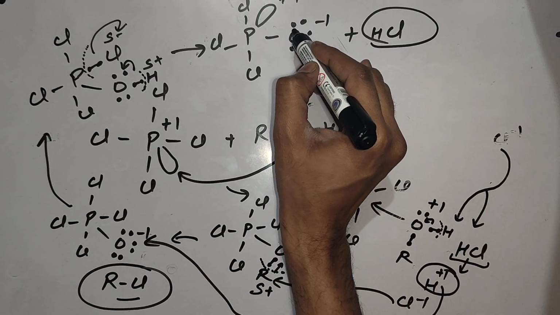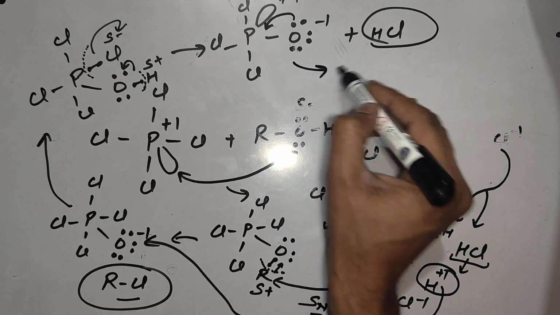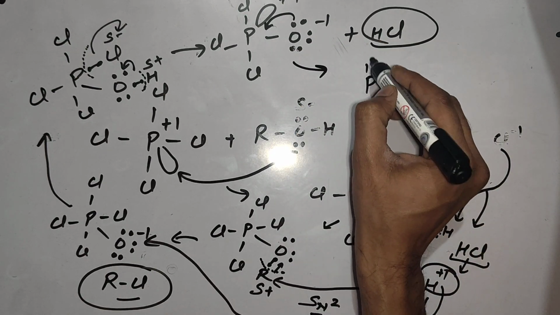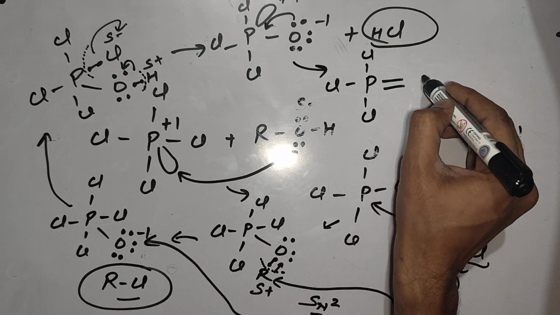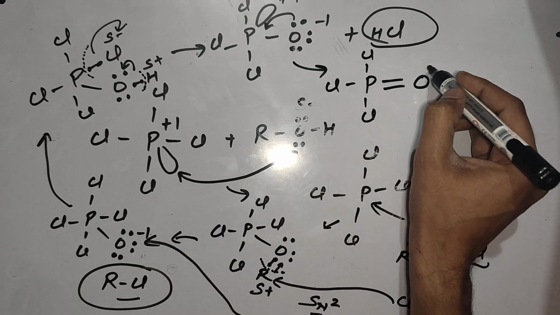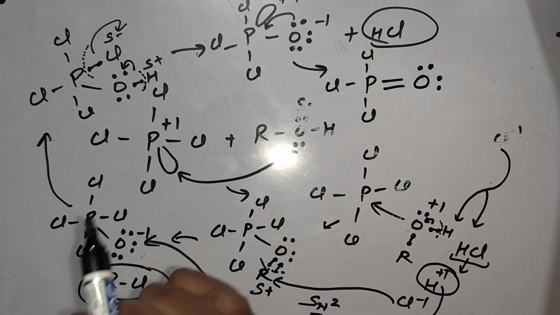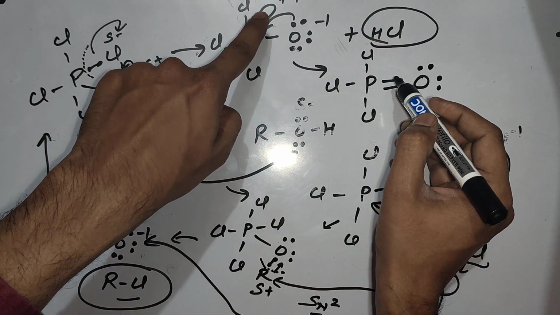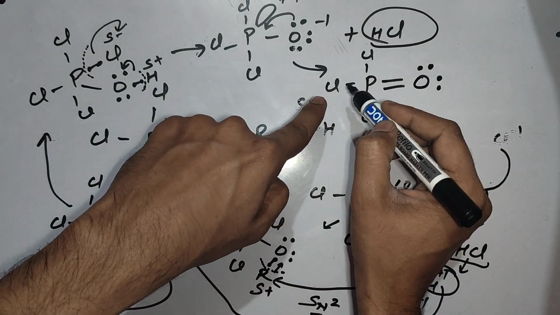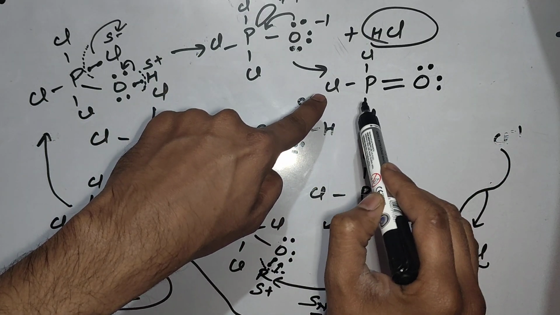Obviously, if oxygen provides its lone pair in this vacant orbital like this, and generates a second bond like this, they all will become stable. Oxygen will be left with 2 pairs without any charge. P will have 5 bonds and that positive charge will also finish out. This is the third product, POCl3.